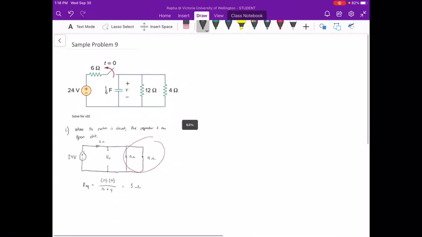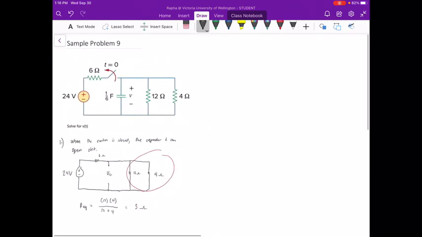Now by voltage division, Vc of t is equal to 24 volts, which is our main voltage source, times the resistor network concerned, which is 3 ohms over 3 ohms plus 6 ohms.